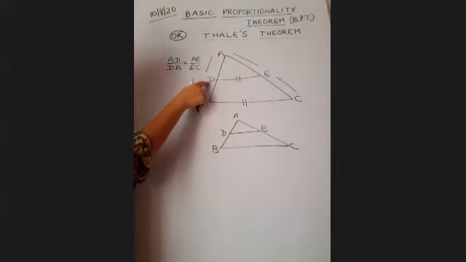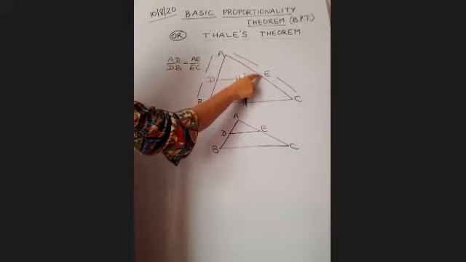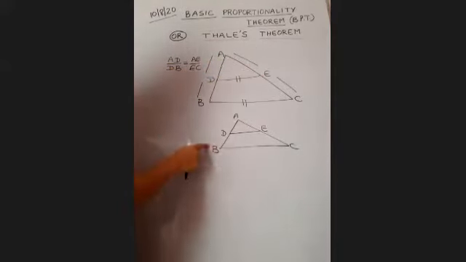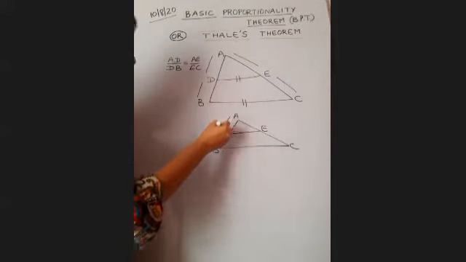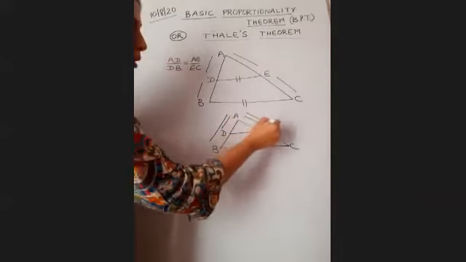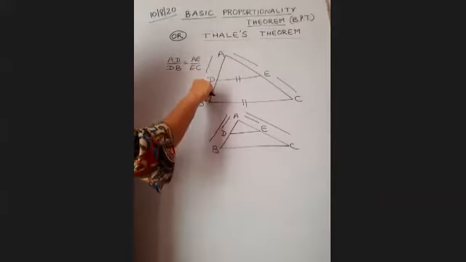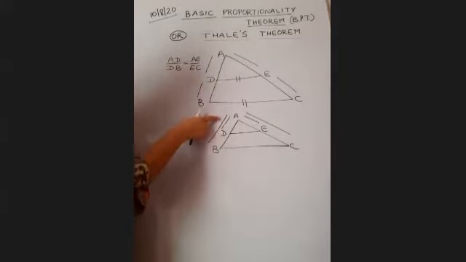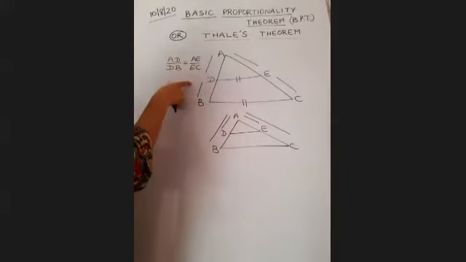The point of division is D, so DB. AE upon EC, the point of division is E. But in the previous exercise, where we were proving two triangles to be similar, we were using AD upon AB and AE upon AC, the sides of the triangle. DB is not a side of any triangle, but AB is a side of a triangle. This is the basic difference between basic proportionality theorem and similarity of the triangles.